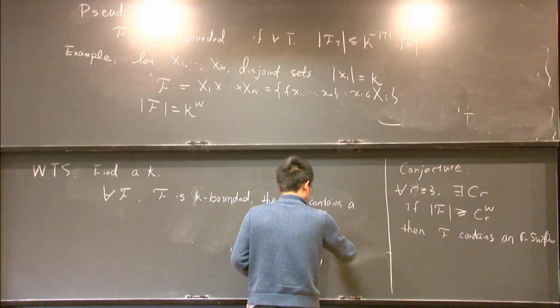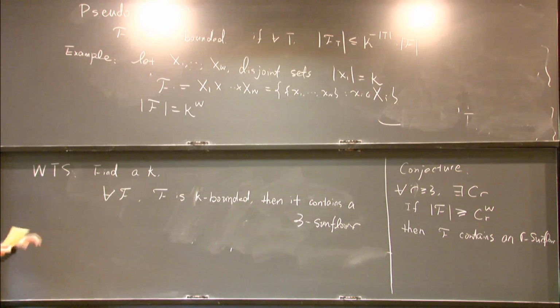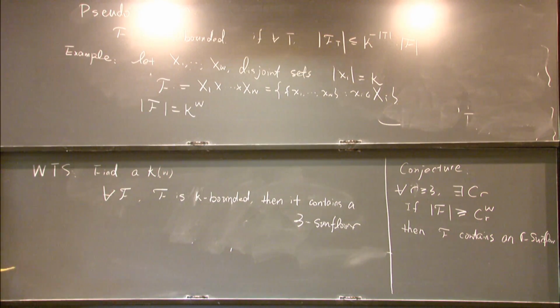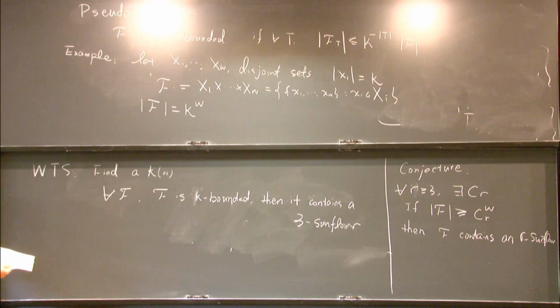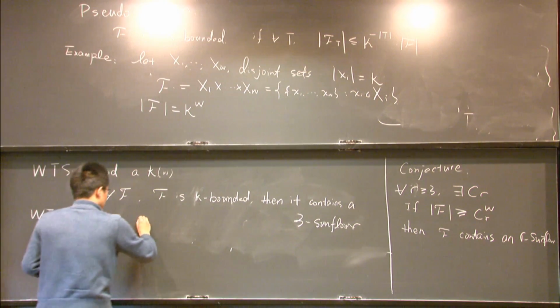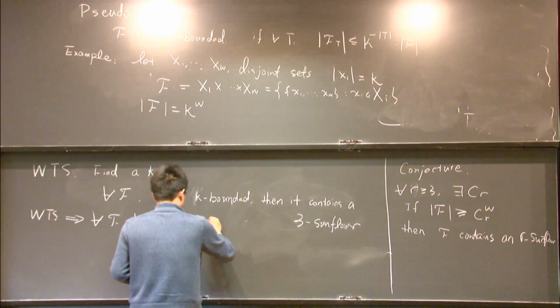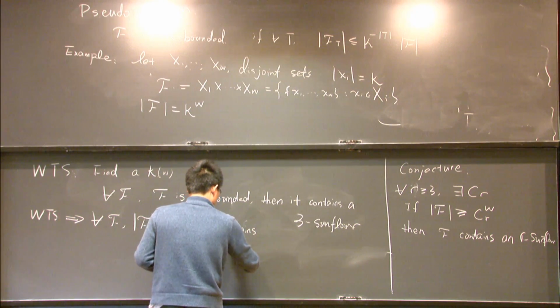So we want to find the smallest kappa, maybe depending on w. If F is kappa-bounded, then it contains a 3-sunflower. It's a very simple claim that if we find this kappa, then it implies that for any F, if |F| is larger than kappa to the w, then F contains a 3-sunflower.